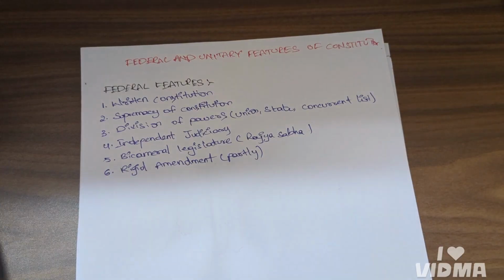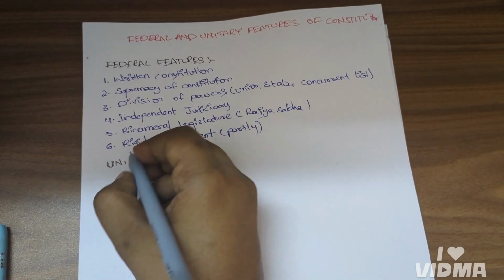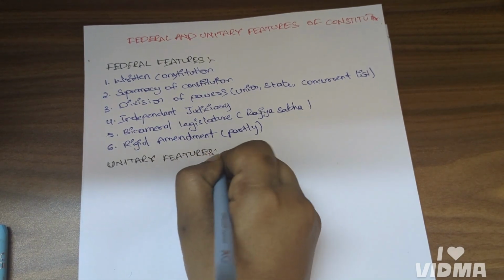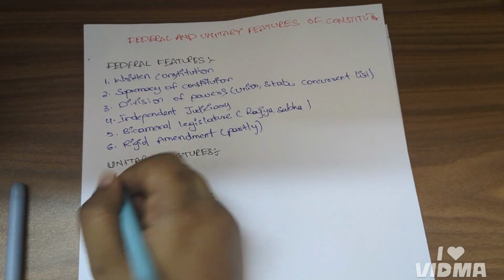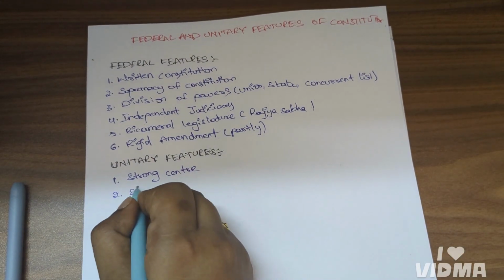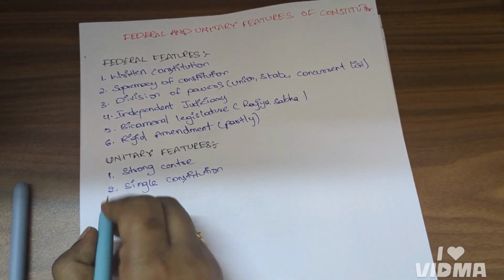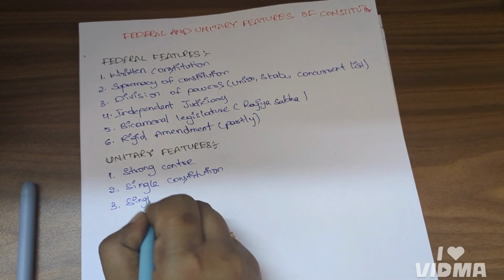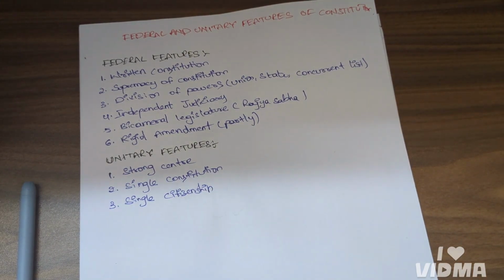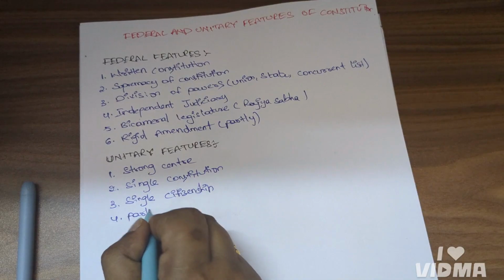Next, we will see the unitary features. Unitary features are: one, strong center. Second feature, single constitution. Third feature, single citizenship. Fourth feature, parliament can alter state boundaries.